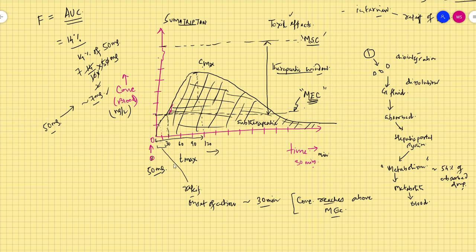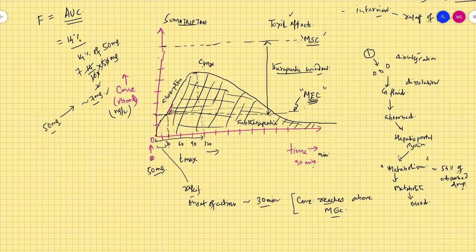So the time required for the onset of action, whatever happens to the drug, is called the absorption phase. The drug is increasing in the blood and it is reaching Cmax. Okay, after absorption it reaches Cmax.